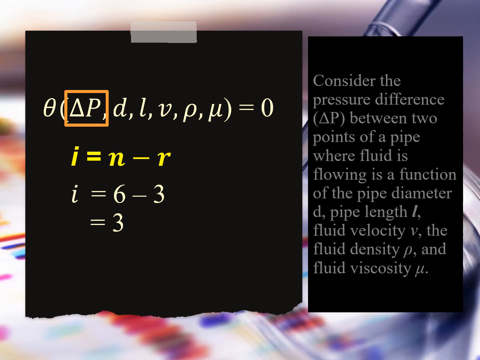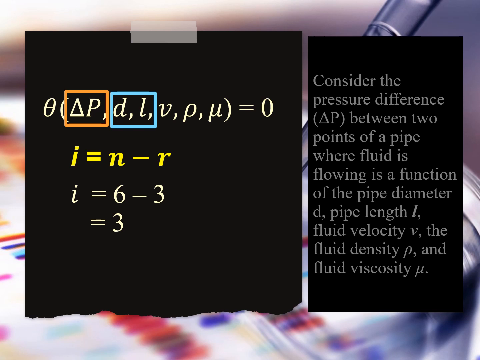D and L cannot both be in the recurring set because they can form a dimensionless group. That is, if you divide L by D, both are in units of length, hence dimensionless. You can only choose one, either D or L, for the recurring set.